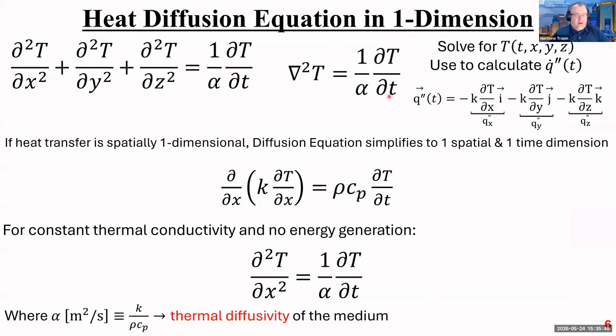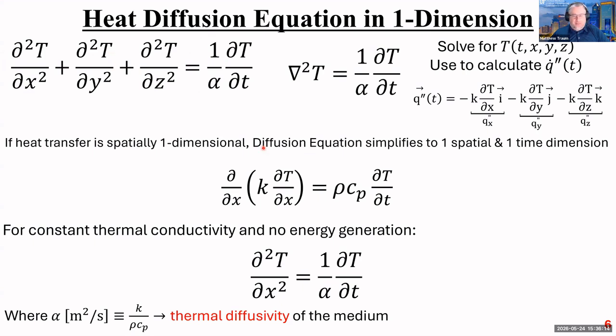I've got it here written in my law of conservation of chalk kind of terms. And I can recognize that if I've only got conduction in the x direction, the y direction temperature gradient and the z direction temperature gradient are zero. And so I'm just left with this first term and then the heat generation term, right?